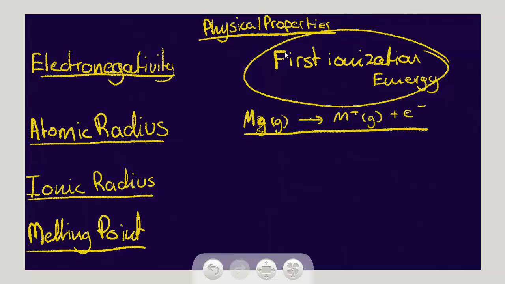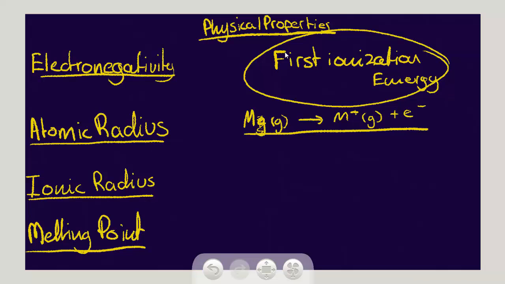Then finally, melting point. Melting point is essentially the point at which an element in its standard state would melt. And of course, melting is when the solid state of that atom turns into the liquid state. So the trend that relates to the melting point of group 1 is that it decreases as you go down the group.